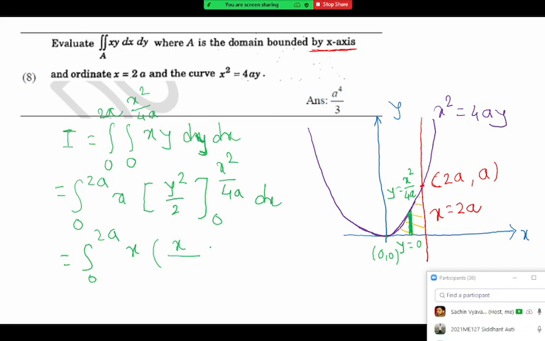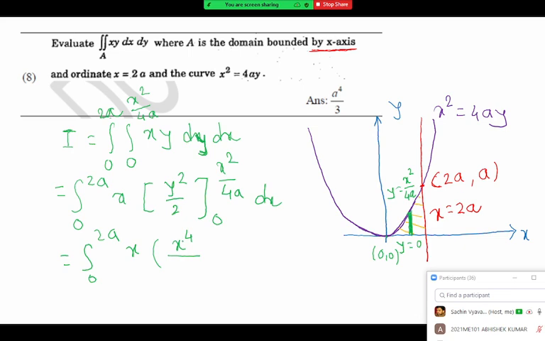X square by 8a, x raised to 4. It is 4a square, so it is 16a square. 16a square into 2, that is 32a square. You should take care of all these things.